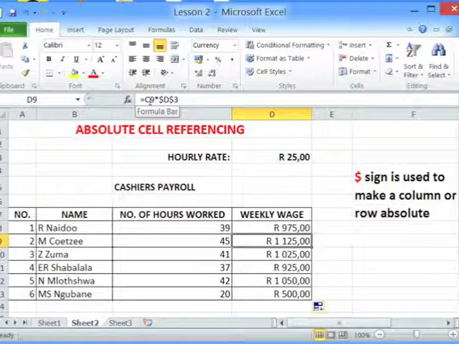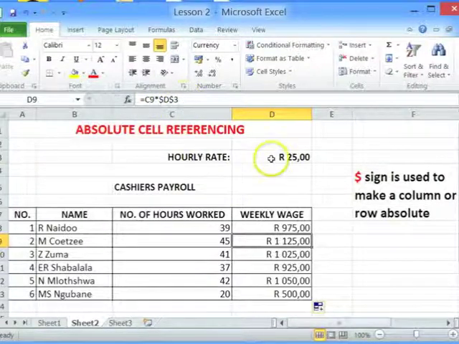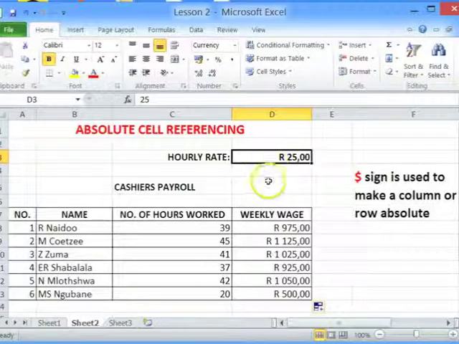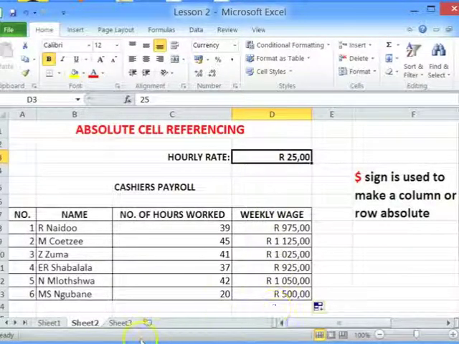Remember, C9 is not absolute, it is relative, times $D$3. That means this cell here is remaining constant or is remaining absolute. So that is an example of absolute cell addressing. That is the end of lesson 2.